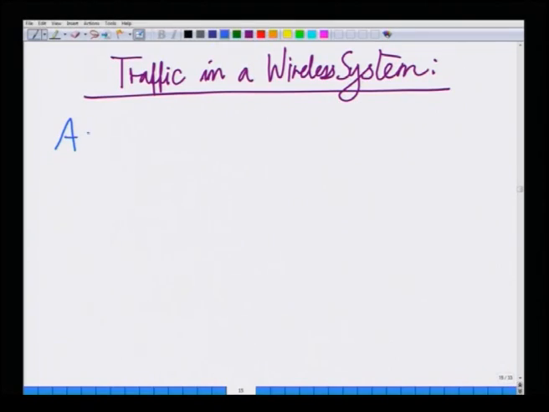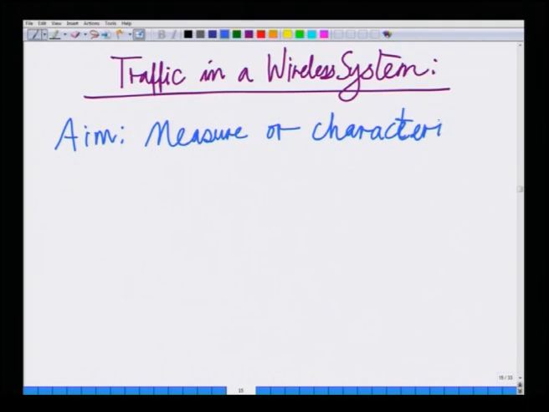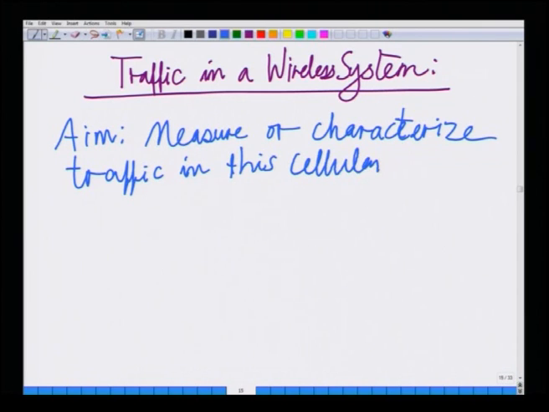So, how do we measure? Our aim is to measure or characterize the traffic in the cellular system. The per user traffic is measured as follows.